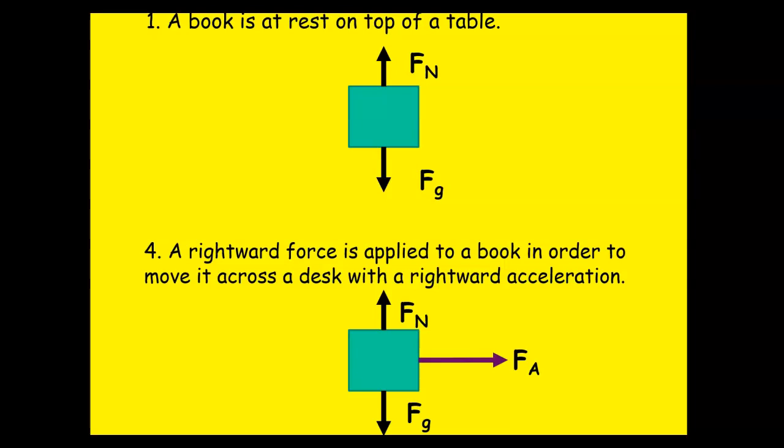And then, because it is moving, you have the friction force, which is opposite of the applied force, and that's F of F. You can see here that the applied force is larger than the friction force, so it's showing that there is motion. That's what it means by rightward acceleration.